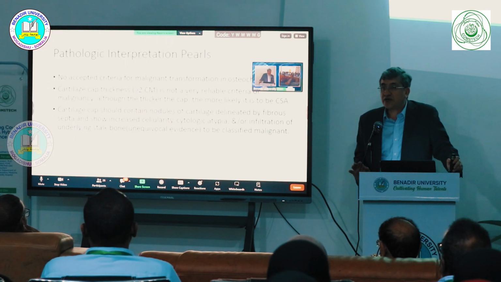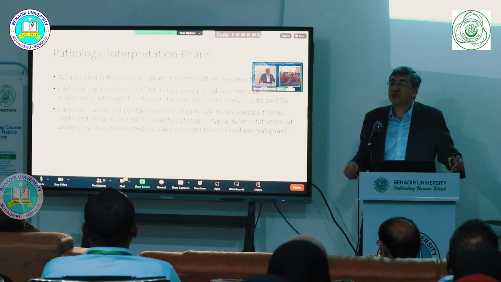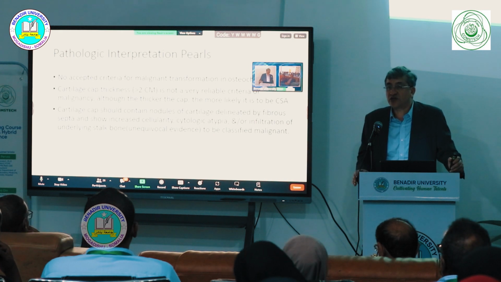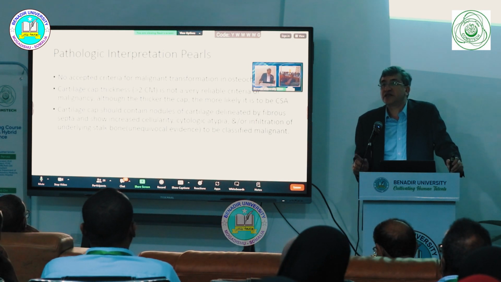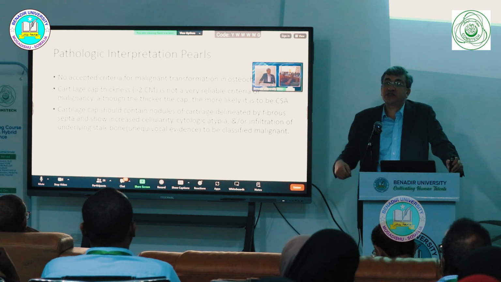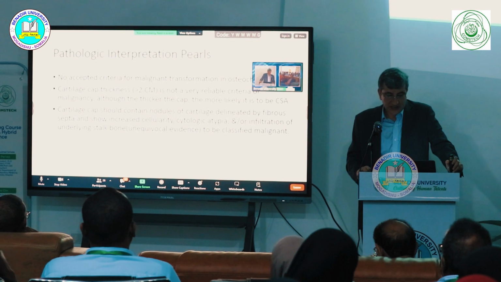So radiographically, they said that if cartilage cap thickness is increased, then it means there is malignant transformation. But this is not the single criterion. Although if the cartilage cap is thick, there is a chance that there would be malignant transformation.